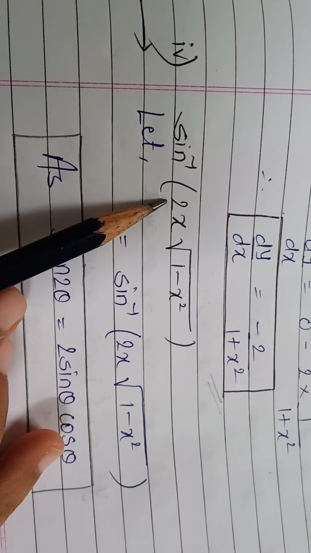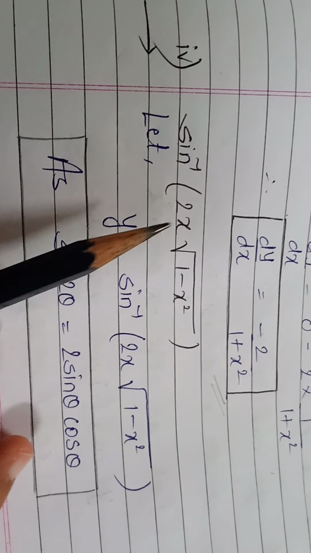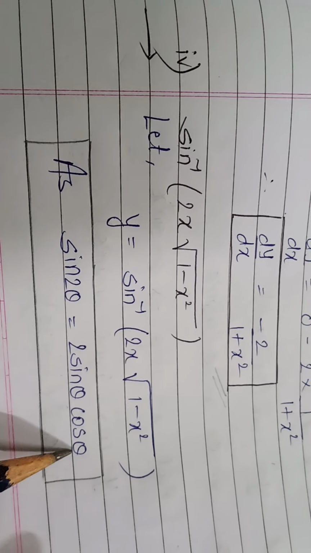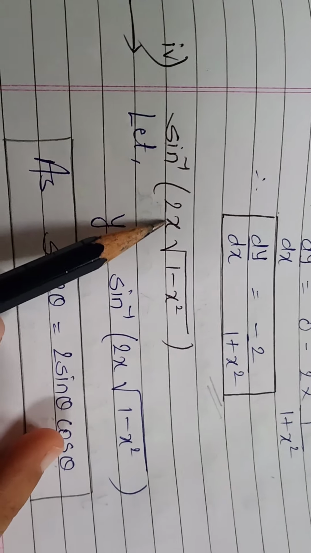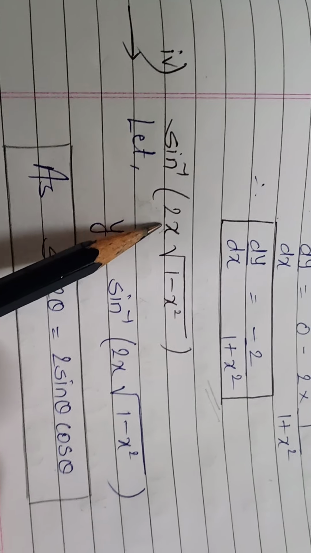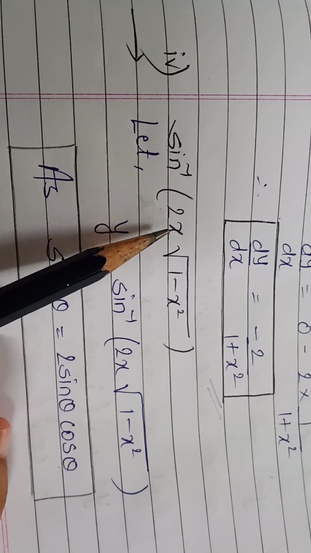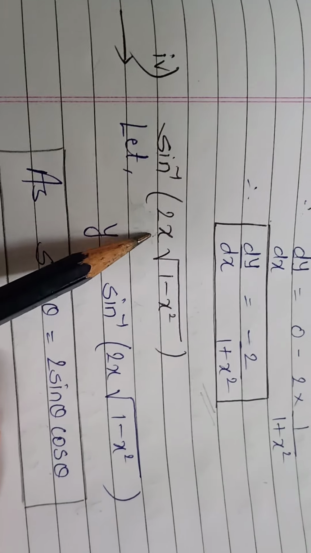So in which formula of sine is there 2 into something? Sine 2 theta equals 2 sine theta cos theta formula. We know that, right? So it indicates that instead of this x, there should be sine, right? So in this example, we'll put sine theta instead of x. Or you can put cos theta also.